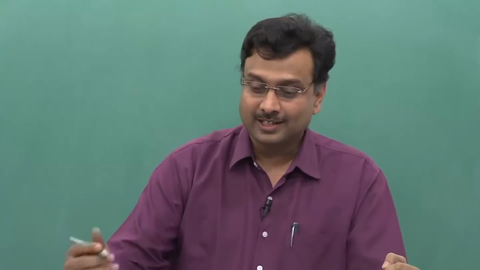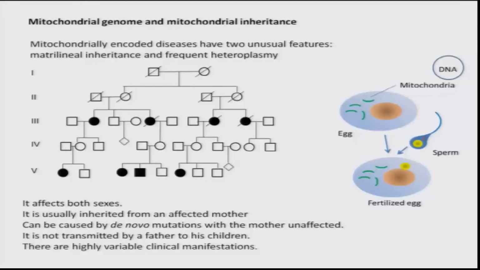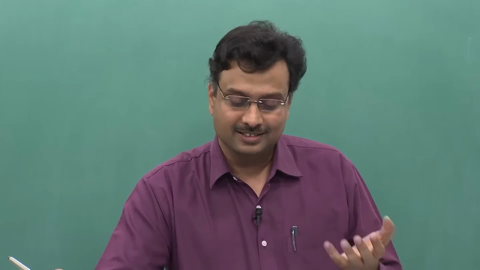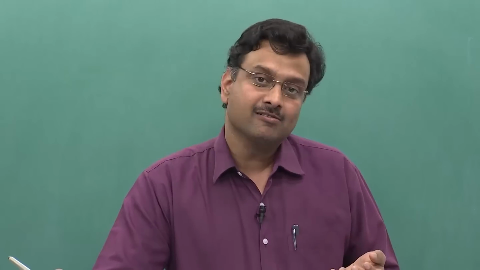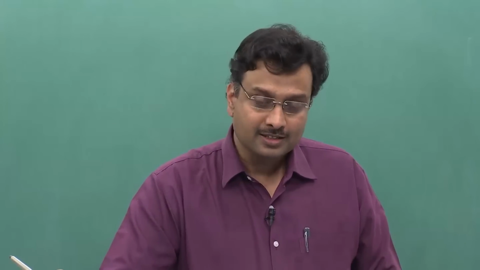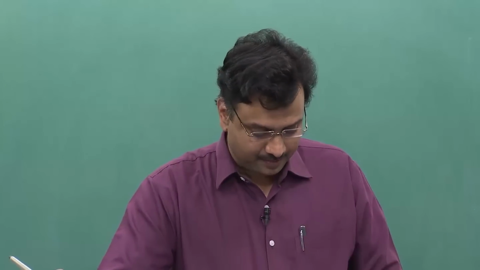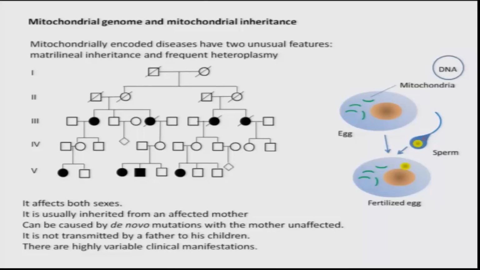It affects both sexes, because the mother contributes to both males and females. The egg is given by the mother, and whether it develops into a male or female depends on the sperm, but the sperm does not contribute to the mitochondrial DNA. It is usually inherited from an affected mother.